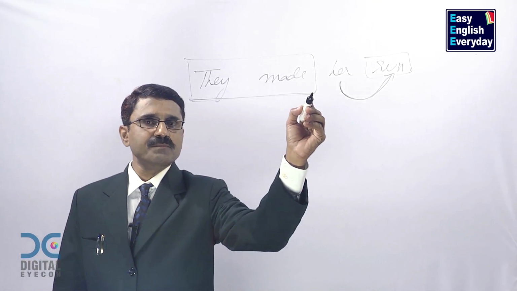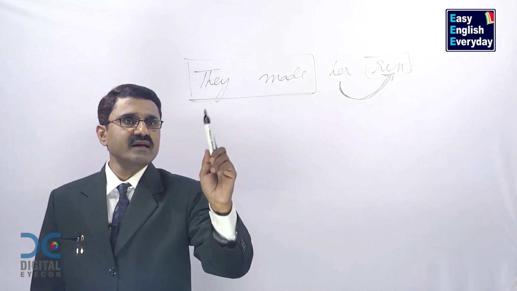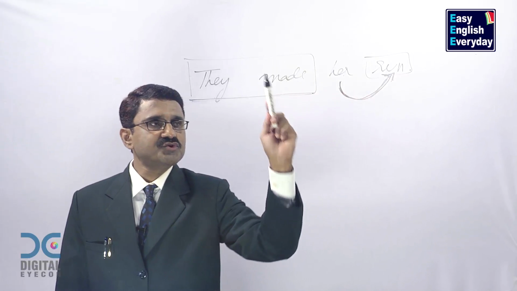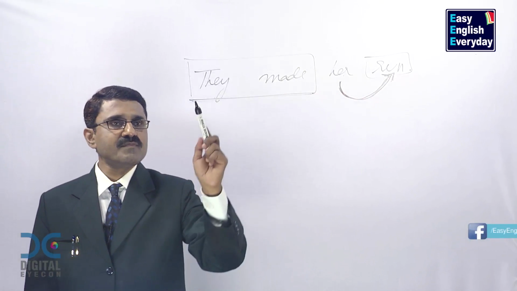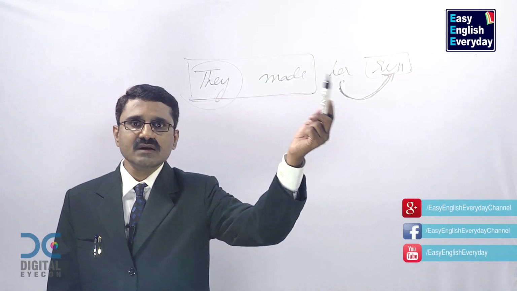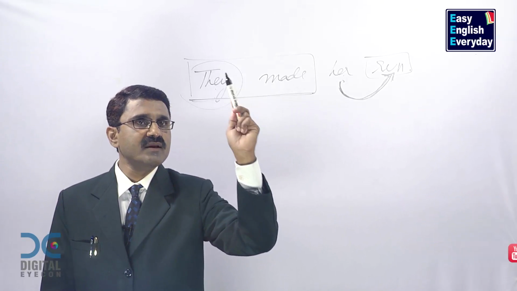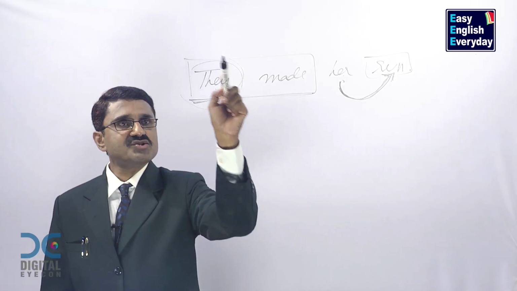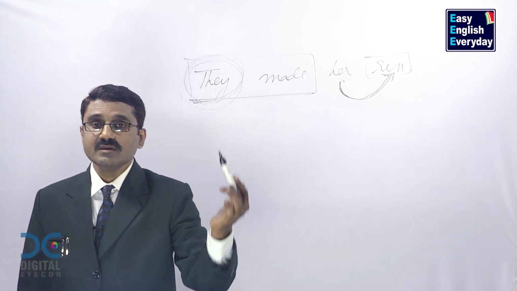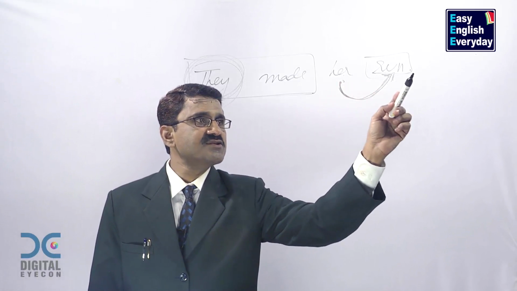Because of these people, this lady ran in the past. So I am saying like this, they made her run. So you can understand this example like this. They forced her, they requested her, or they ordered her, they commanded her, whatever it may be. But because of the instruction, because of the guidance, because of the force, because of the request from these people, this lady did this action.